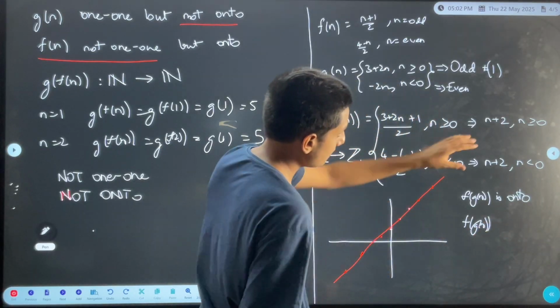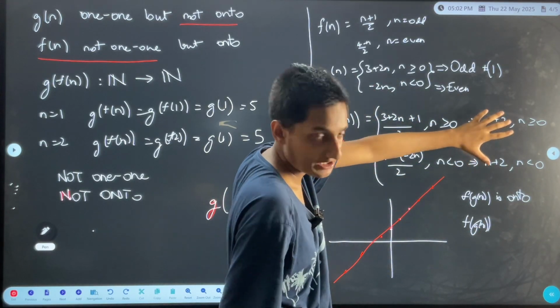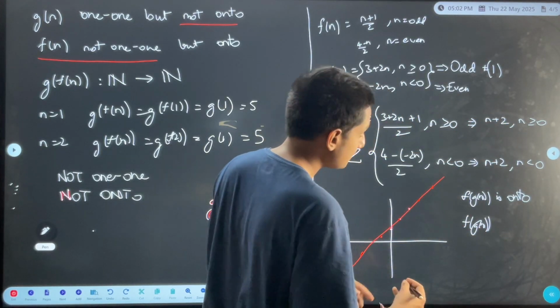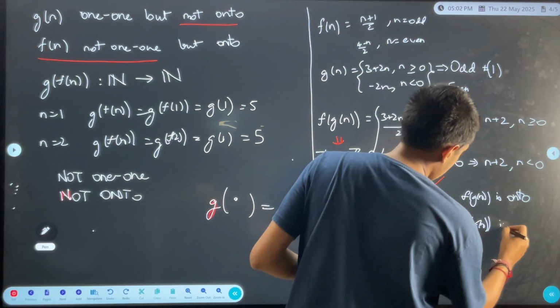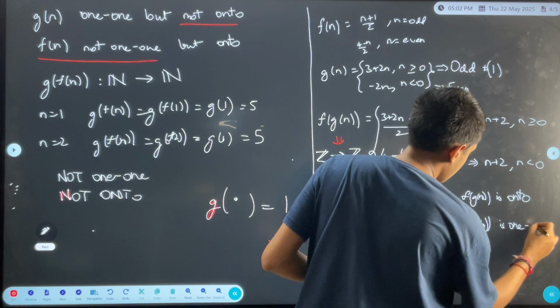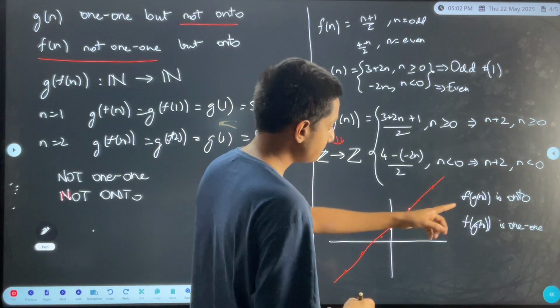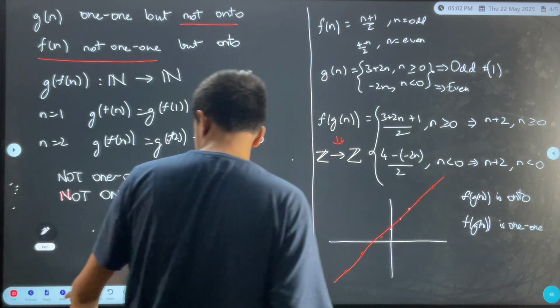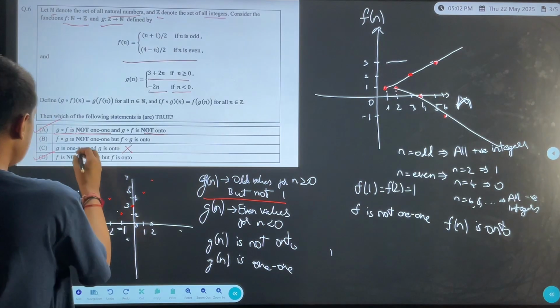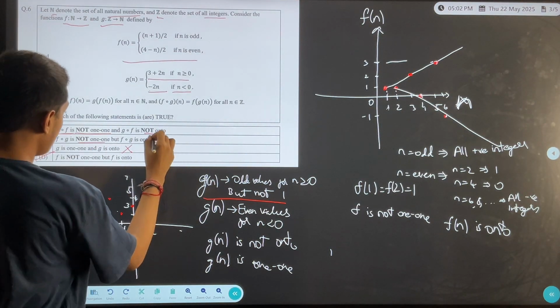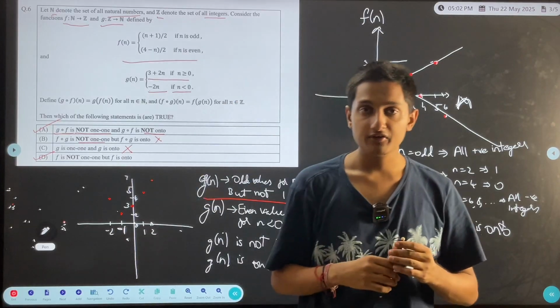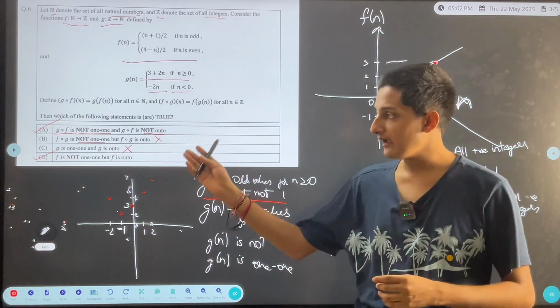Why? Because it is taking the same function n plus 2 everywhere, which will not have any same value at all for different values of n. Hence, f of g of n is onto as well as 1-1. But here f of g is given as not 1-1, so this option is also wrong. Hence, the answers to this question are options A and D.